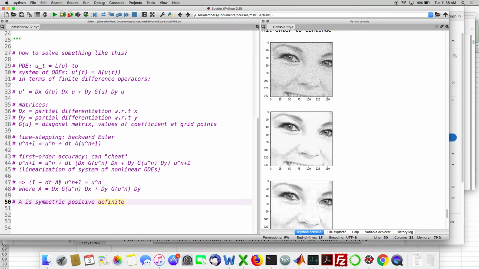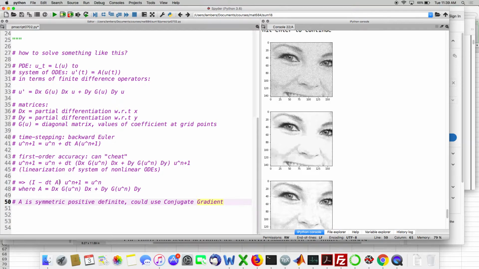Now, this matrix, in this case, is symmetric positive definite. Okay. So you could use conjugate gradient. But my first attempt at coding this actually was not conjugate gradient. I used Lanczos iteration, which is actually equivalent but not as efficient as conjugate gradient because it's solving a larger system of equations every iteration.